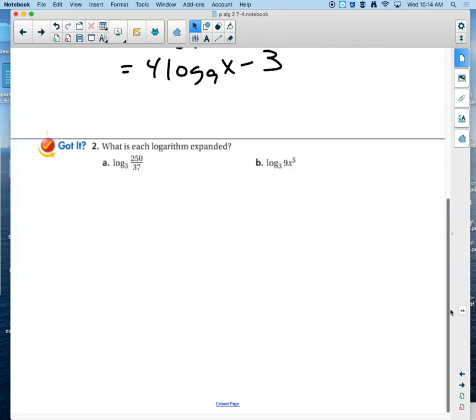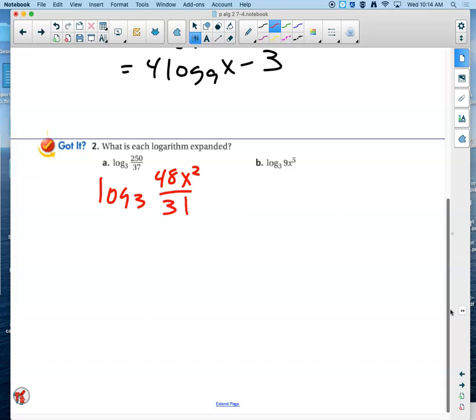Rats! Okay, so that means we're taking off something that's a little bit tougher. All right, so what's your A? Over what, I'm sorry? 31? Okay. Well, that takes some of the fun out of that problem.